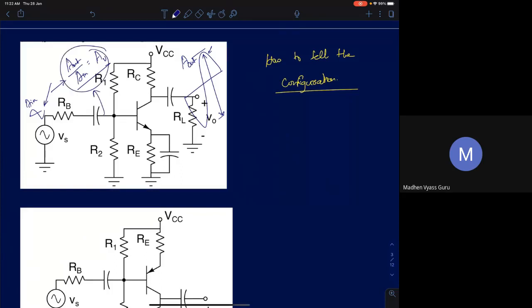Eventually, we need this circuit to give us a certain gain. What is that value of the gain? That we estimated from a small signal model. So that is why we try to find an incremental or linearized model around the operating point. We draw the small signal model, and from it we estimate the voltage gain that we can get out of this amplifier. So that's our intention.